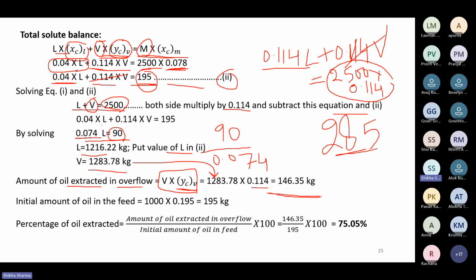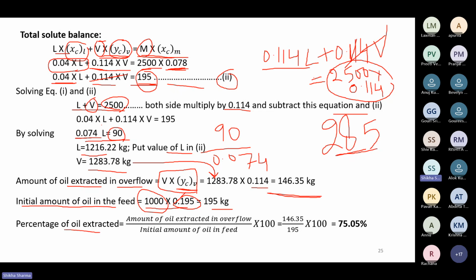So it will be 146.35 kg. And we know that the initial amount of oil in the feed is the amount of feed times the oil fraction, 1000 times 0.195, which after multiplication gives 195 kg.